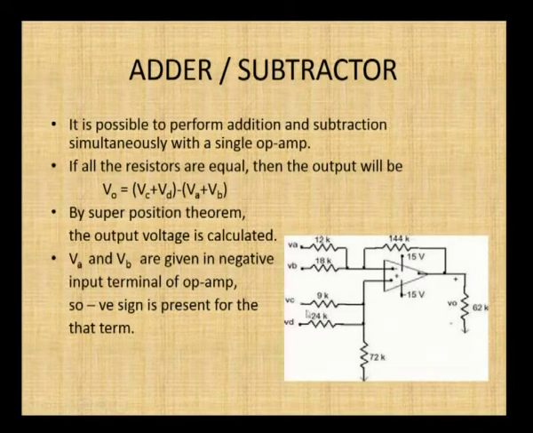So, if you do not consider the values of these resistors given in the circuit, you will get the output as VC plus VD minus of VA plus VB. This is the voltage you will be getting from this circuit, and so it is called an adder as well as a subtractor. It is performing addition as well as subtraction simultaneously by a single circuit.